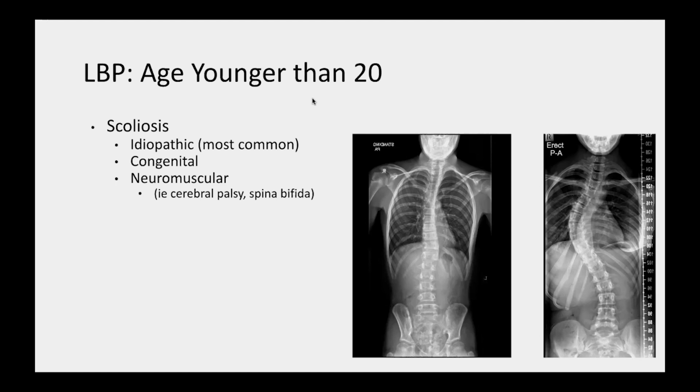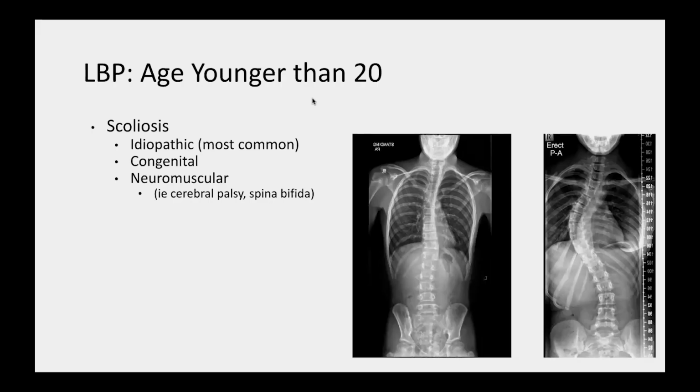Most cases of scoliosis are idiopathic. Idiopathic meaning there's no real identifiable reason as to why the patient has scoliosis, but some cases of scoliosis are congenital, meaning the patient's born with it, or neuromuscular, relating to a pre-existing neurologic disorder or neuromuscular disorder.